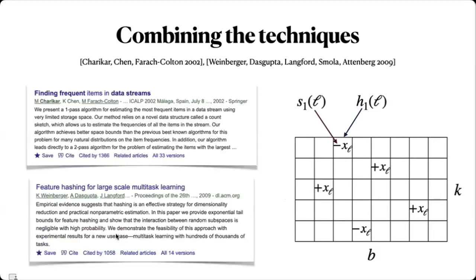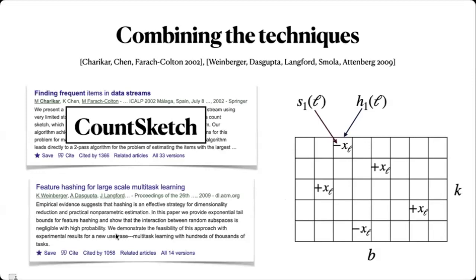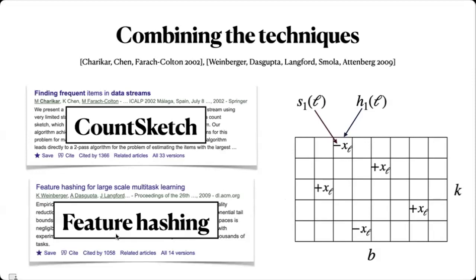As I said, these papers were both quite influential. Charikar et al. called it count sketch, and Weinberger et al. called it feature hashing. I'm just going to use the name feature hashing for the rest of this talk, but it's really the same thing.